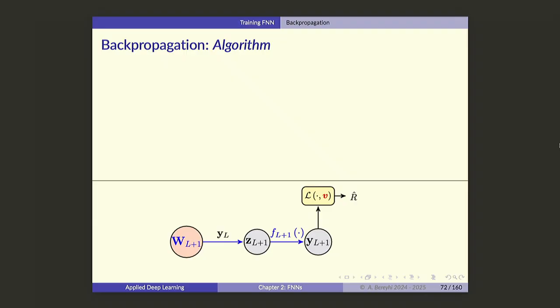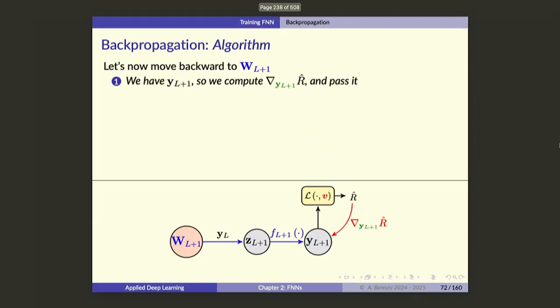Now I want to compute the gradient. What should I do? I should move backward. What is the first gradient that I need to compute? R hat with respect to y_{L+1}. Can I compute that? This is the first thing, right? R hat with respect to y_{L+1}. Can I compute that? Yes. Why can I?